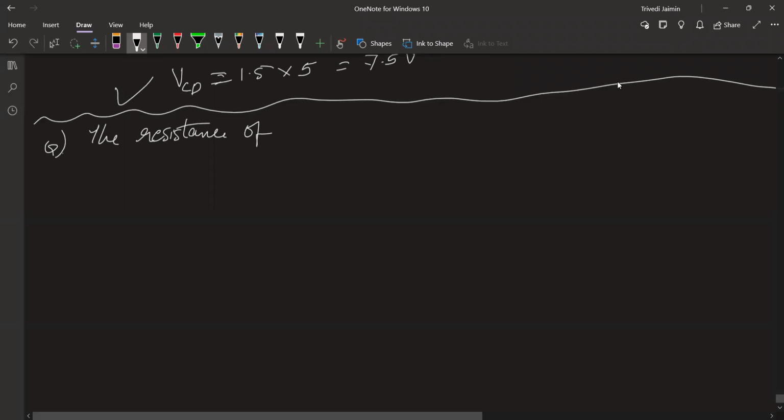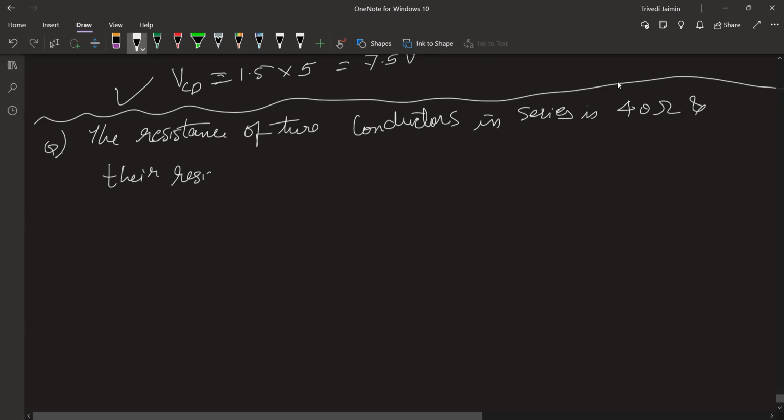The resistance of two conductors. So this question is very easy if you think it straight. Conductors in series is 40 ohm, and the resistance in parallel becomes 6.4 ohm.